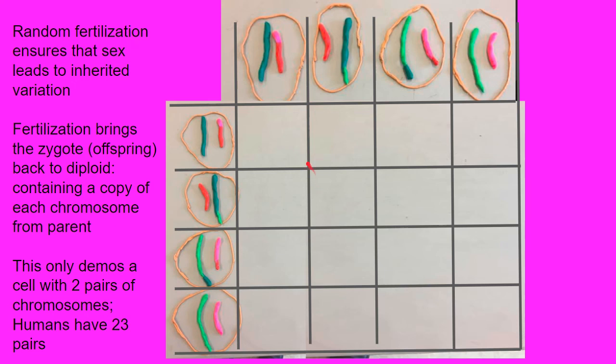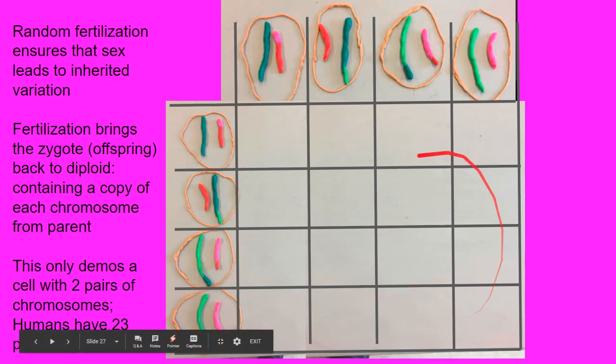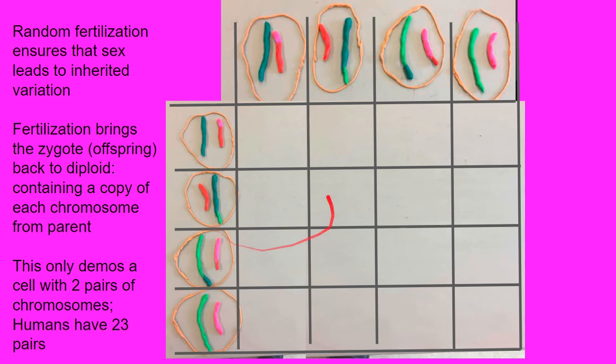So in these inner boxes we are going to have zygotes. These are gametes. These are zygotes. So like homozygous, heterozygous. So these zygotes, these offspring, bring it back to diploid because it started as four chromosomes. The gametes are two chromosomes.